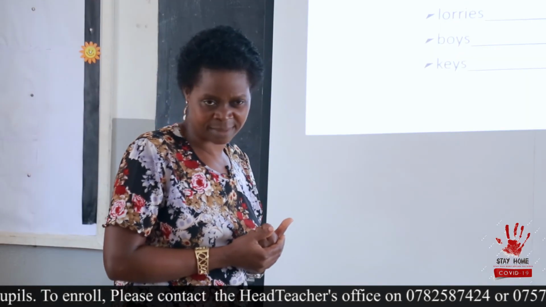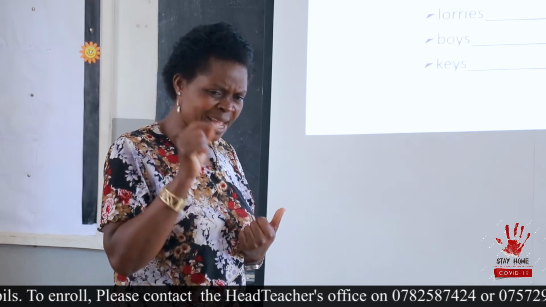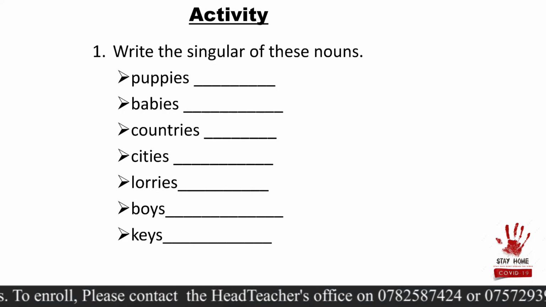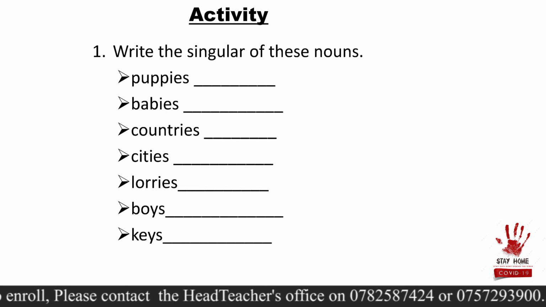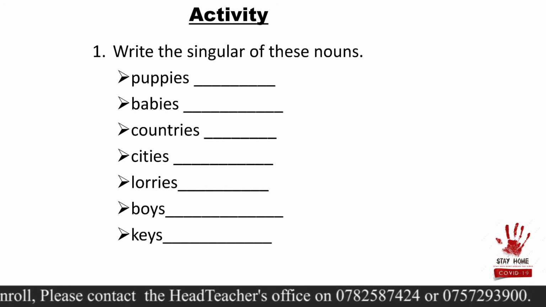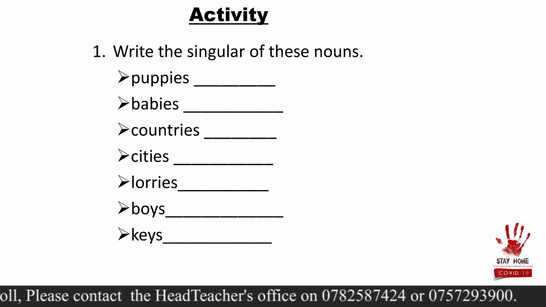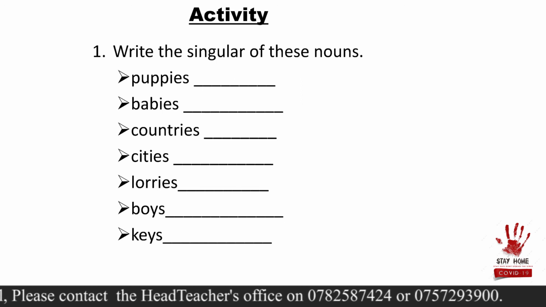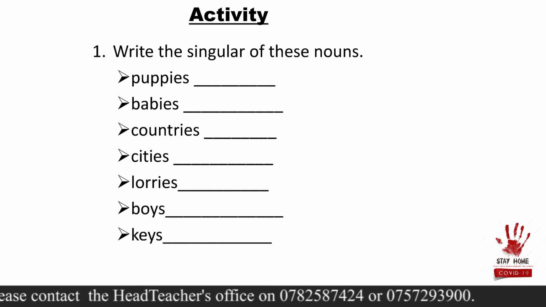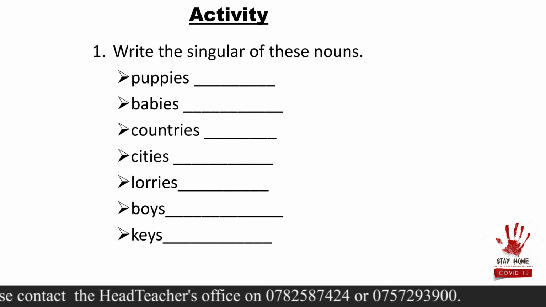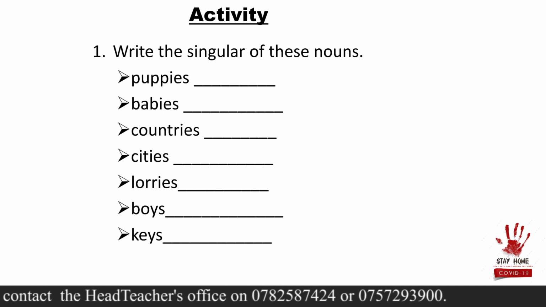I have puppies. Write for me the singular of puppies, if it is one. Then I have babies. Write for me the singular of babies. Have you finished that one? You're good.